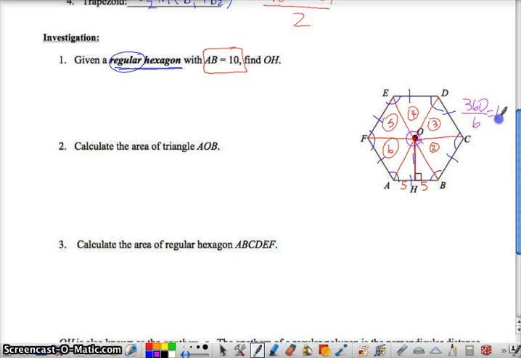So when I divide that by 6, every single one of these angles in here is a 60-degree angle. Well, then I split it in half to make this 30 degrees. So what I end up having here is a 30, 60, 90-degree triangle. So if this length right here is 5, that meant that this length here was 10.